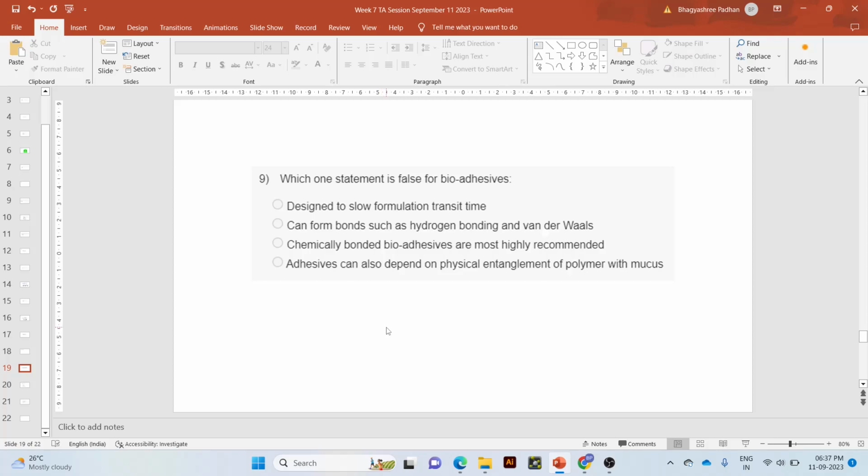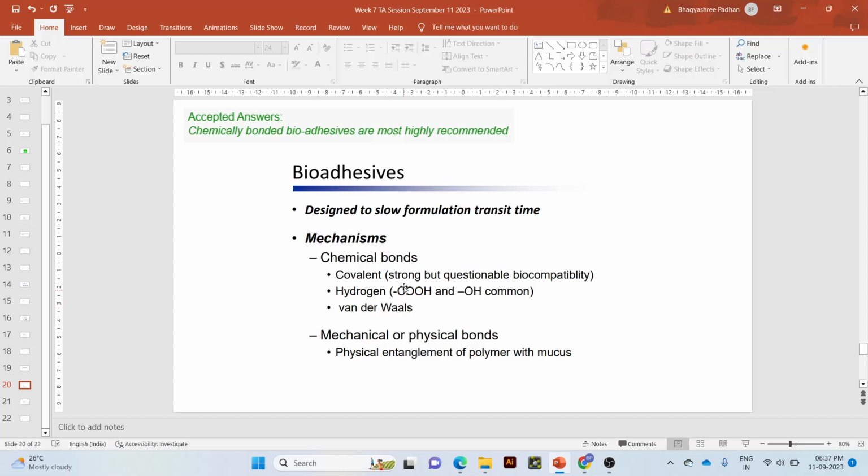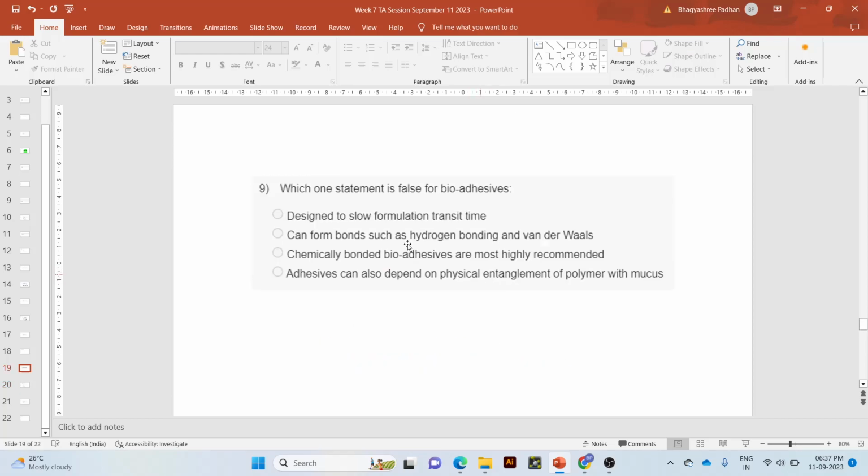It is not most highly recommended because the strong covalent bonds may be questionable due to their biocompatibility issues. All the other options, that is designed to slow formulation transit time, can form bonds such as hydrogen bonding and van der Waals, adhesives can also depend on physical entanglement of polymer with mucus, are all correct options.